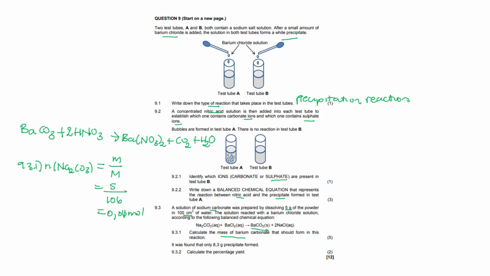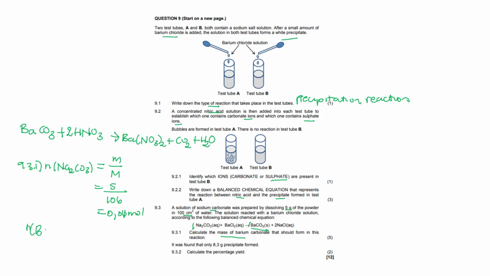So we now have the number of moles of sodium carbonate, right? But we want the mass of barium carbonate. So we also then need the number of moles of barium carbonate. But we don't have it, but we can calculate it using the ratio. So if you look, there's an invisible 1 in front of all of them. I'm just going to show you that.